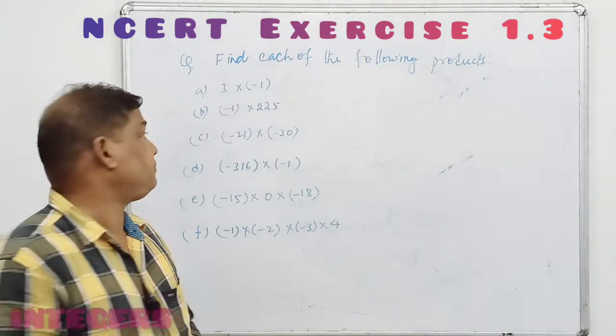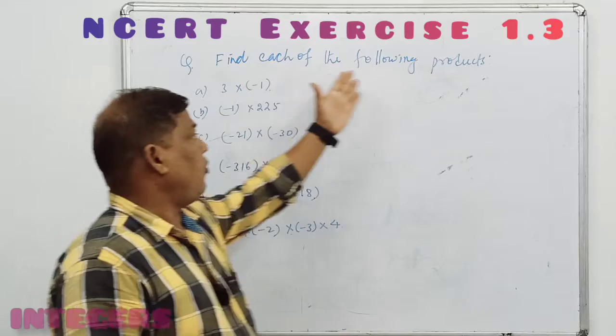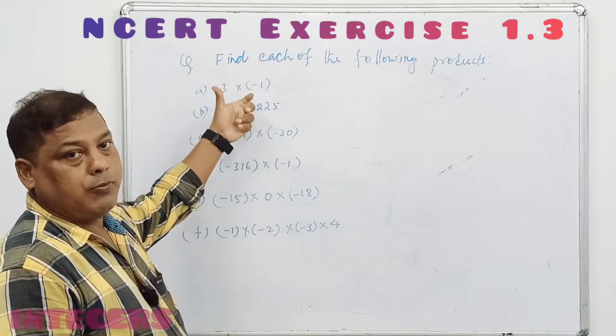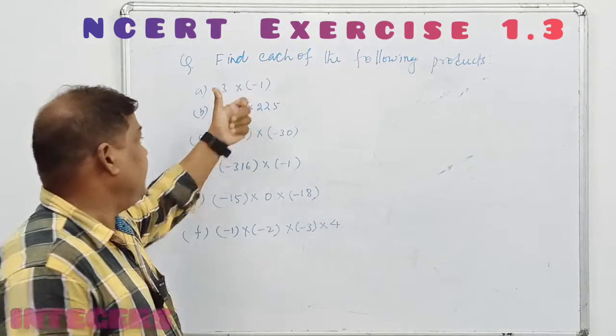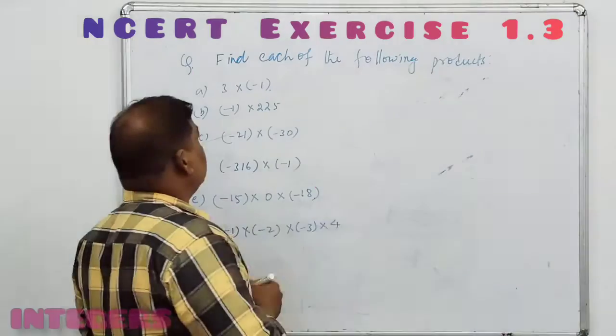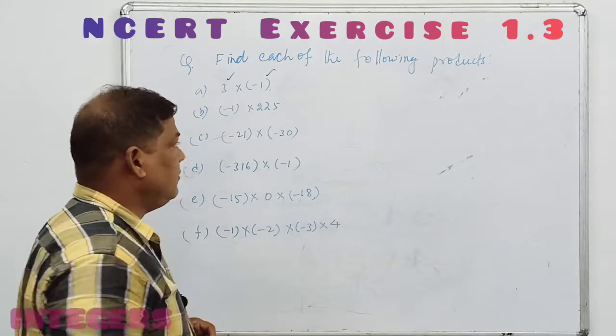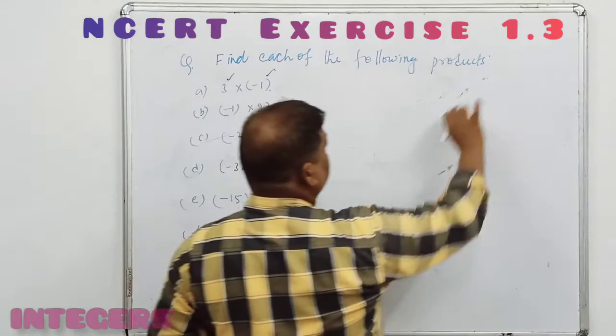The next question: find each of the following products. Here there are two negative integers, and we have to multiply these two integers. The first one is a positive integer, the second one is a negative integer, so you have to multiply 3 by minus 1.